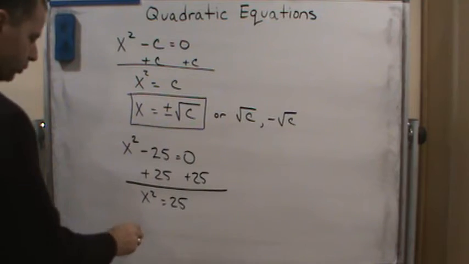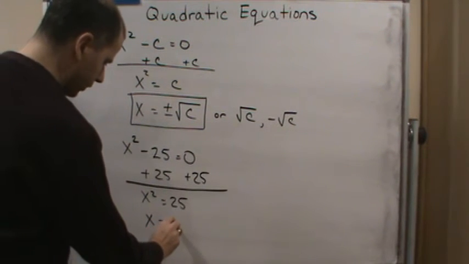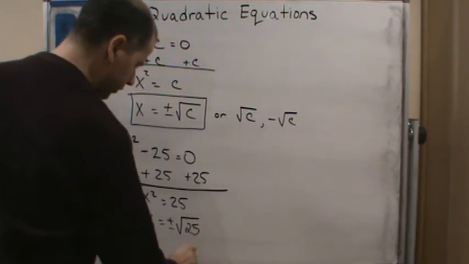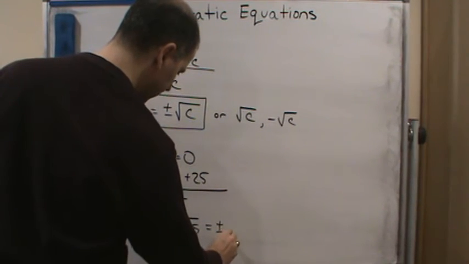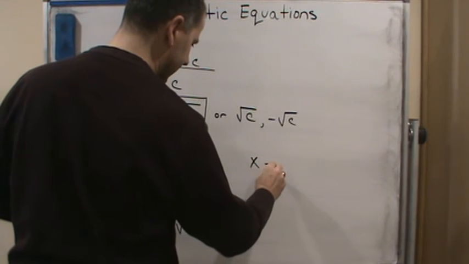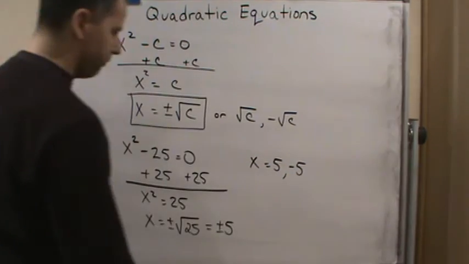If you take the square root of both sides, you get x equals plus or minus the square root of 25. Well, 25 is a perfect square, so that means you get plus or minus 5. And so x is equal to 5 and negative 5.